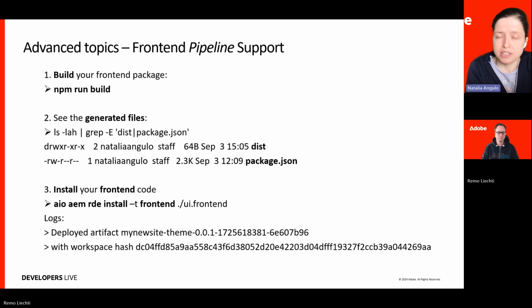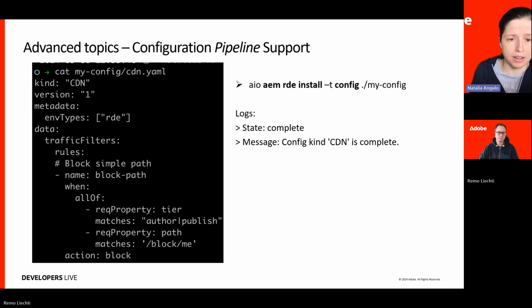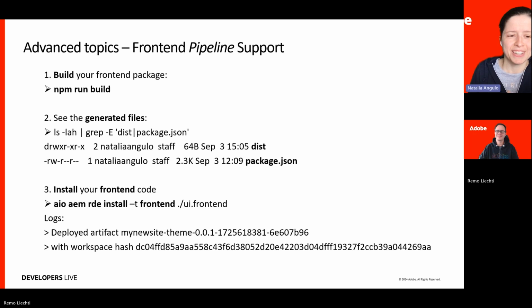Behind the scenes, this is going to create a temporary zip file, and then the zip file is going to be uploaded. We will process the zip file, and then it will be pushed directly to be used as a front-end package. As soon as you get back the feedback in the logs, you can see the deploy artifact is completed.